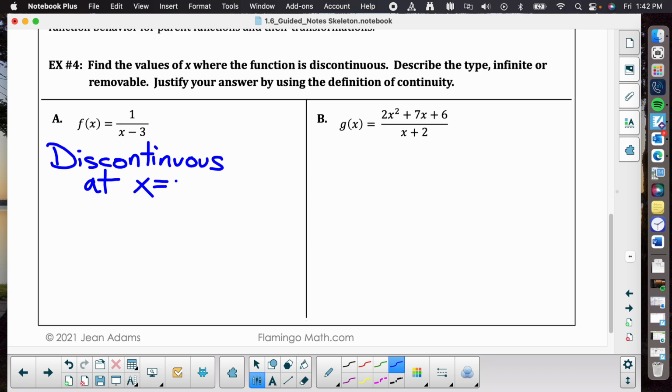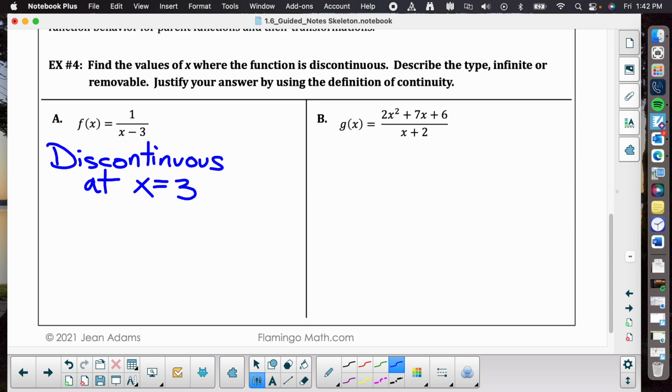You were 100% correct. How did you know it was discontinuous at x equals 3 though, just immediately? Because of a hole. No, not a hole. So any number that makes the denominator non-existent, like does not exist, would make your function discontinuous.